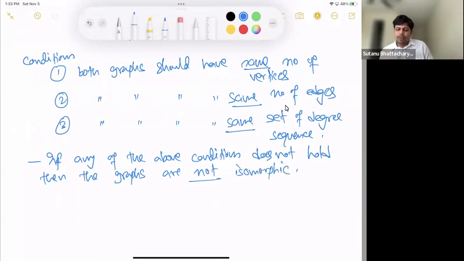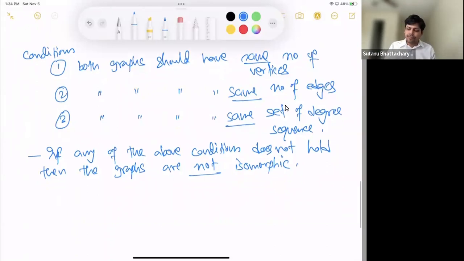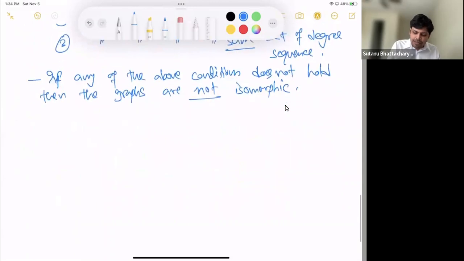If any of these above conditions, 1, 2, 3, either one, if either one is not true, then we can say the graphs are not isomorphic, but not vice versa. It means if all of them are satisfied, that doesn't mean that both graphs are isomorphic. But it is sure that if either one is not true, then obviously the graphs are not isomorphic. So let's take one example. Through that, it would be clear.